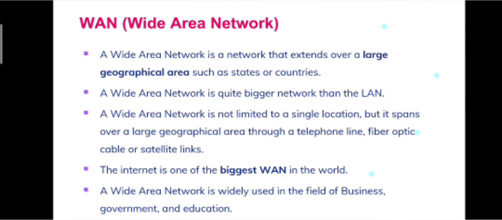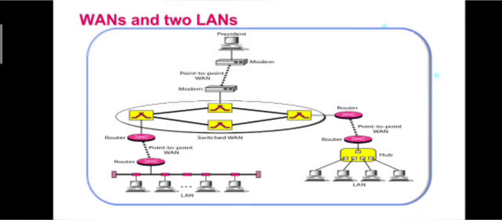Increased bandwidth means with the WAN, we can choose the bandwidth based on need, or a larger organization can have a larger bandwidth and carry a large amount of data faster and efficiently. Centralized infrastructure means one of the main advantages of WAN is that we do not need to maintain any backup and store the data in a local system, as everything is stored online in a data center.